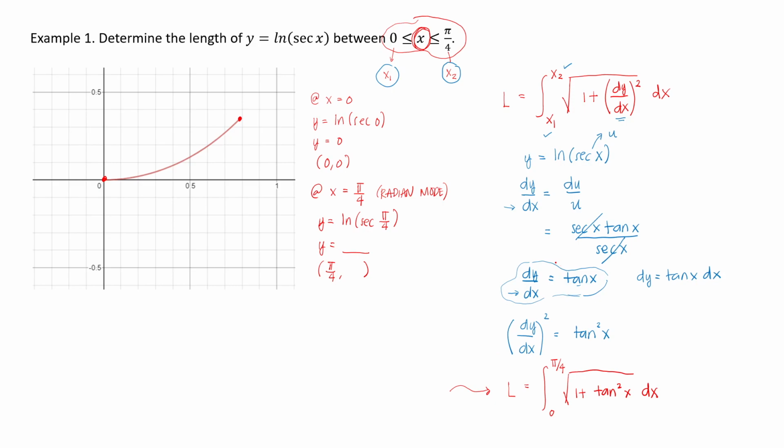But if you want to simplify further to help out the calculator, 1 plus tangent squared x is actually a Pythagorean identity. So this further simplifies to 0 to pi over 4, and then square root of secant squared x dx. Or in other terms, you can also have it as pi over 4 and then secant only, right?